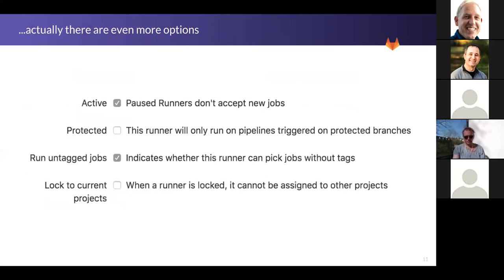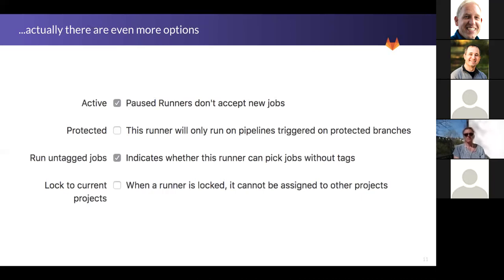And then there's also a thing called lock to the current project. So if we remember when I was talking about shared versus specific runners, I said specific runners are tied to one or more projects. So when you have a specific runner, you can have that specific runner locked down to only one project, or you can have it so that it's available to also be a specific runner for other projects.